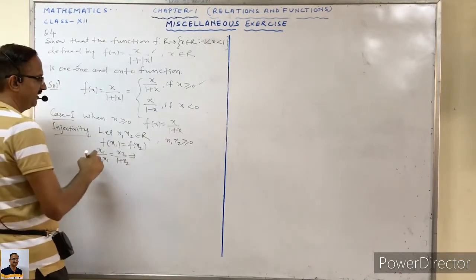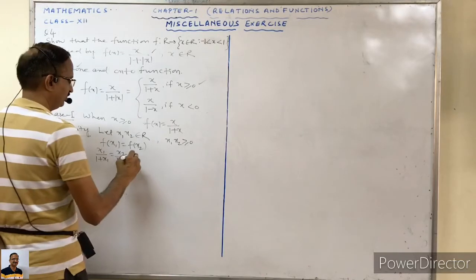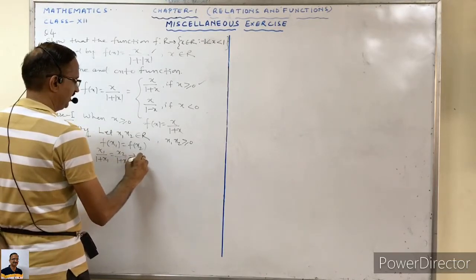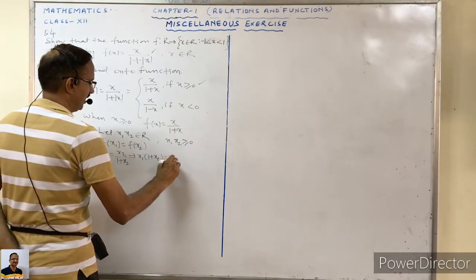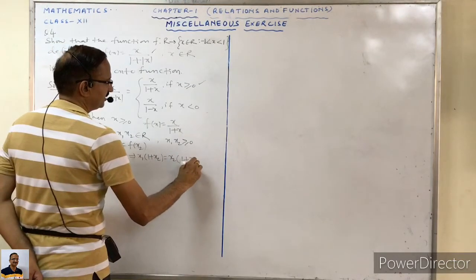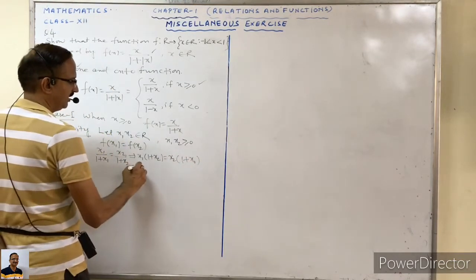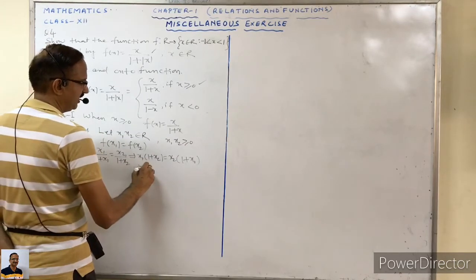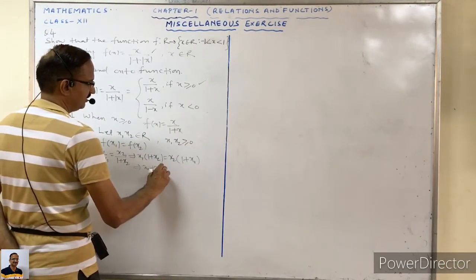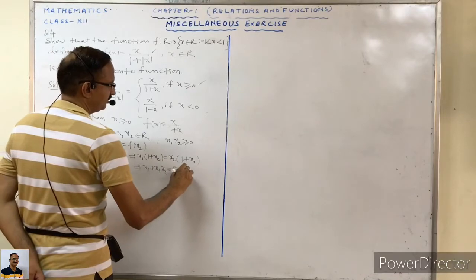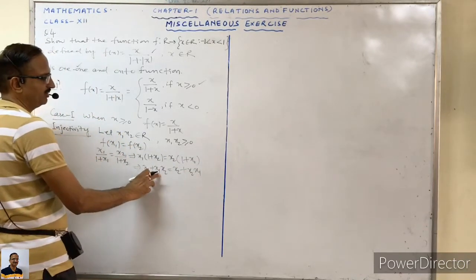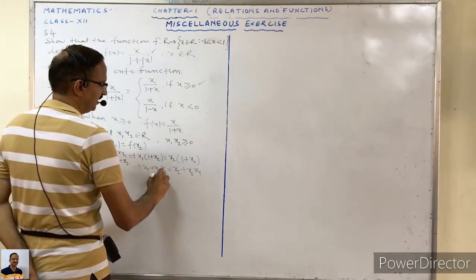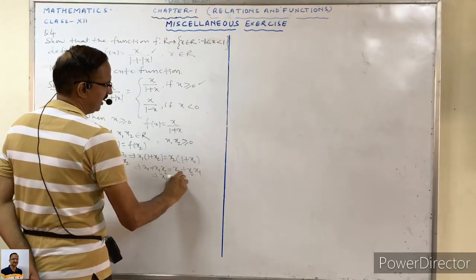By further simplification, using the cross multiplication method, we will write x1(1 + x2) equals x2(1 + x1), and after further simplification we will get x1 plus x1x2 equals x2 plus x2x1. x2x1 and x1x2 cancel out. We will get x1 equal to x2.